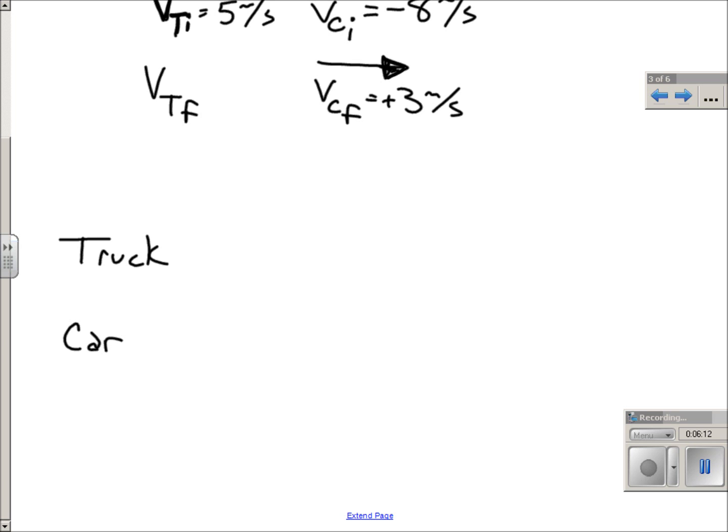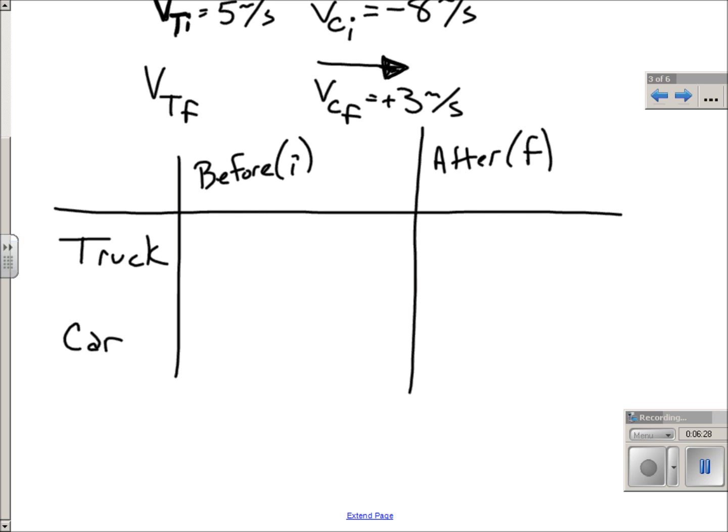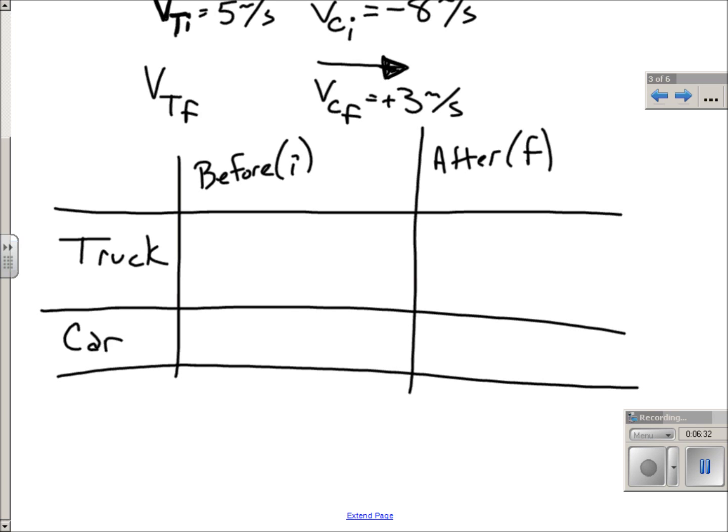Okay, and then we're going to keep track of their momentum both before, in other words, initially, and after the collision, in other words, finally. Okay, and we're going to find the momentum. While I'm at it, we'll do the rest at the end. Okay, so here we go.